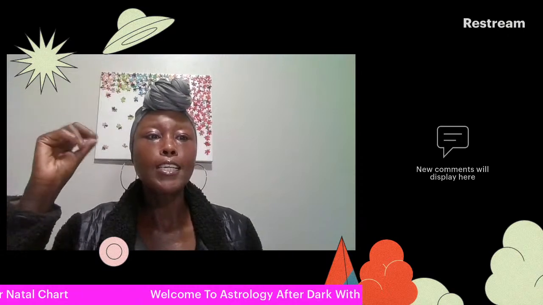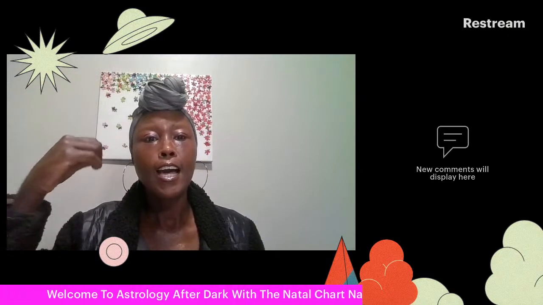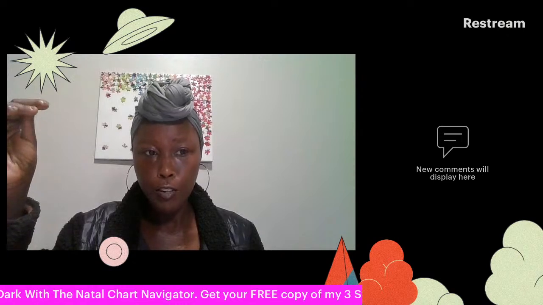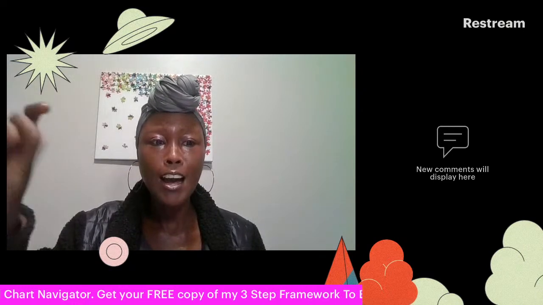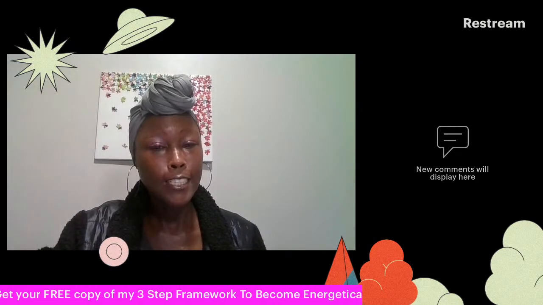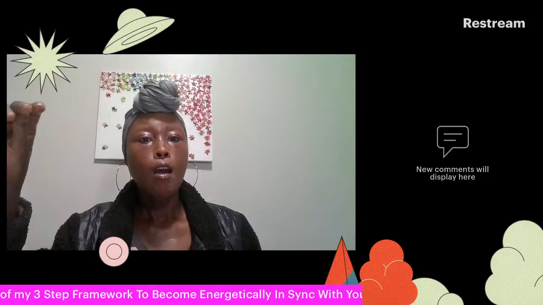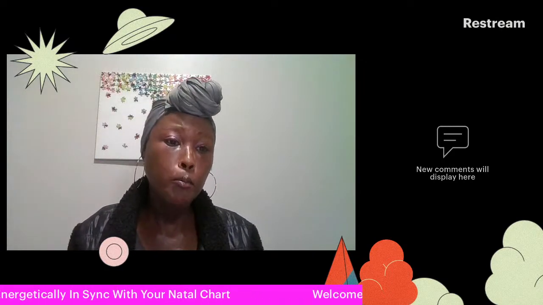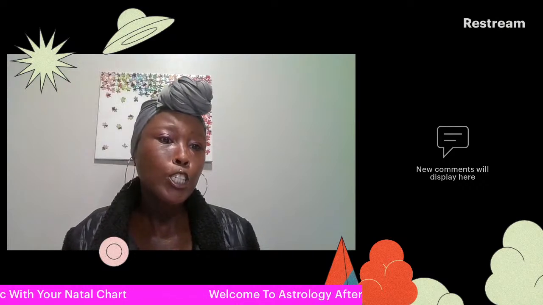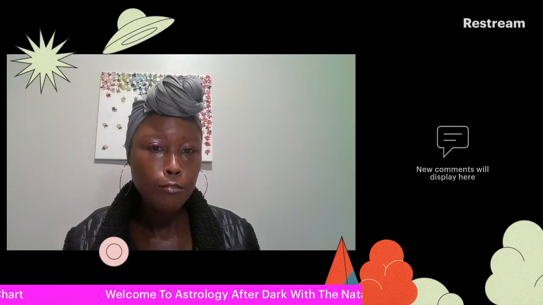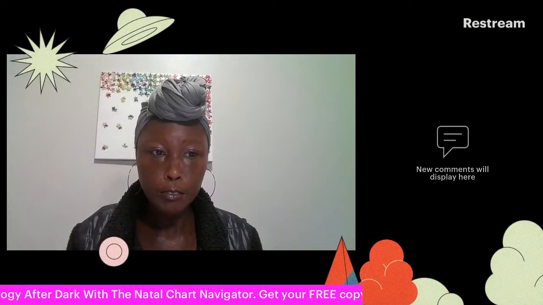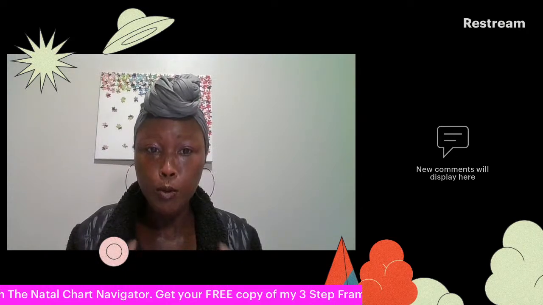And so this aspect signifies a dynamic, intense relationship between the 2 planets involved, often leading to internal conflicts and external challenges. So, for example, if your sun is in a square aspect to your moon, you might experience inner conflicts between your conscious desires and your emotional needs, requiring balance and integration.